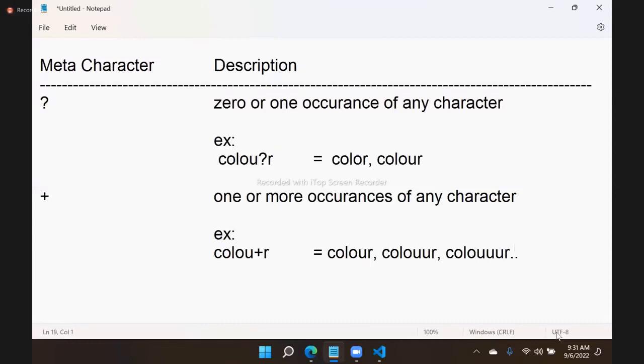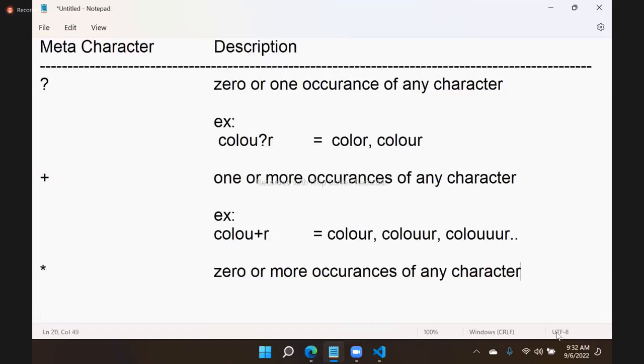So later we will put them in reasonable examples. You will understand that. So regular expression is defined with so many meta characters. One is question mark, another one is plus. One more, we have asterisk. Asterisk represents 0 or more occurrences of any character.